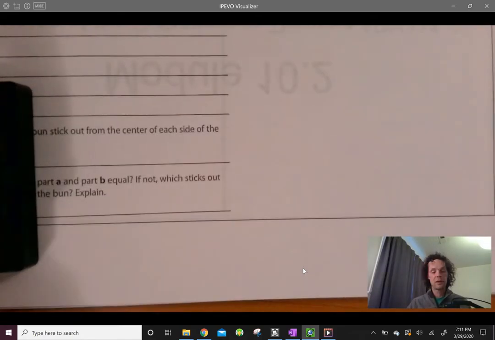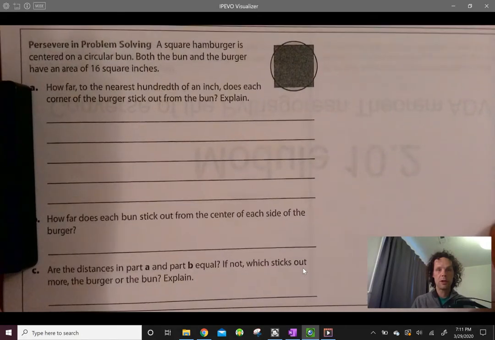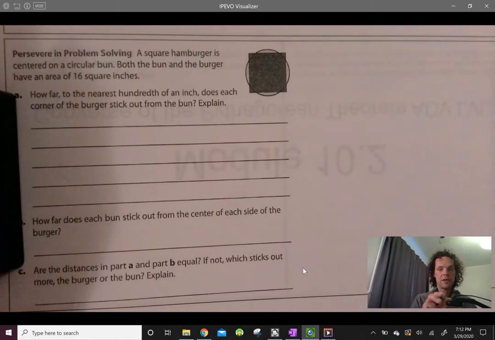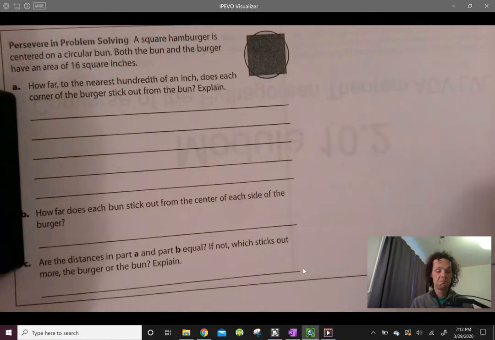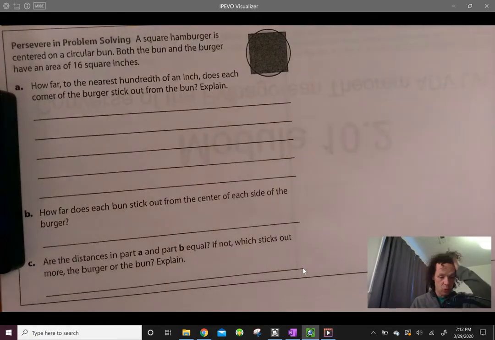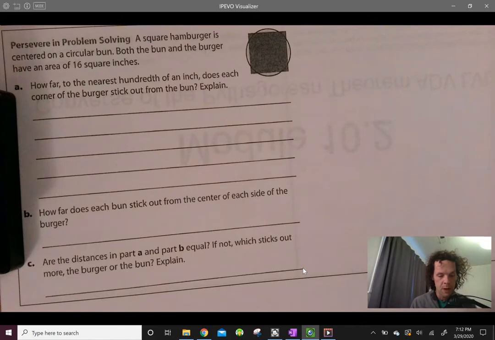And number 8, this is going to be the last problem we're going to work on in this one. This one's really pretty challenging, okay? This one is multi-step, and it involves understanding lots of different concepts. So we have a square hamburger, which is centered on a circular bun. Both the bun and the burger have an area of 16 square inches.